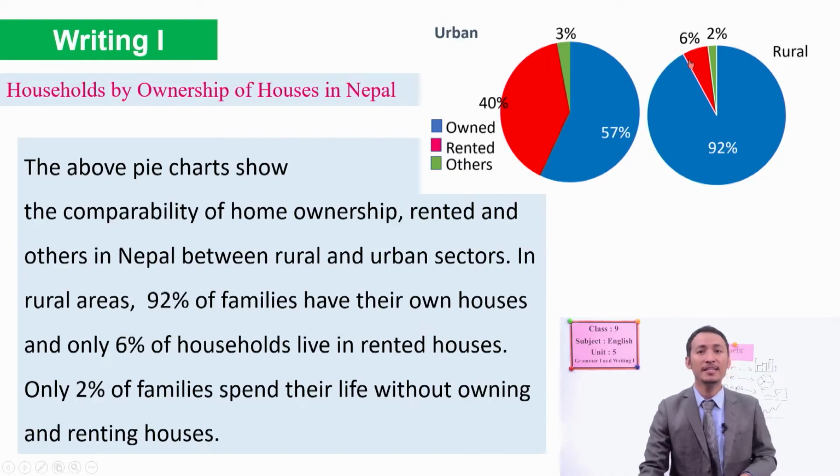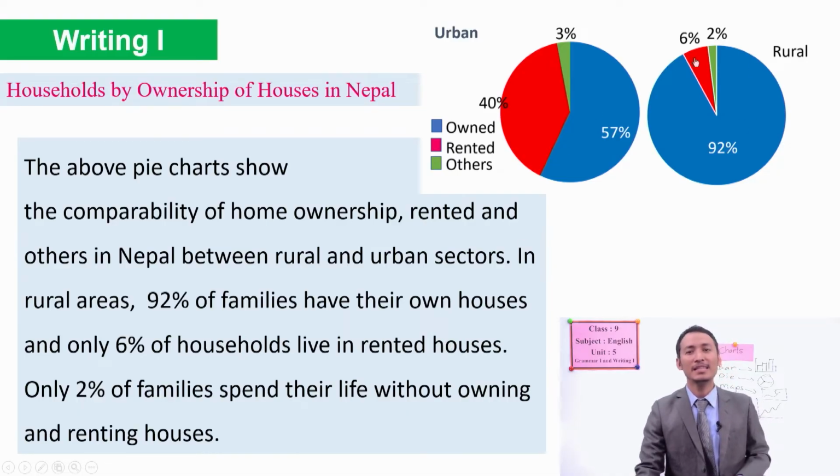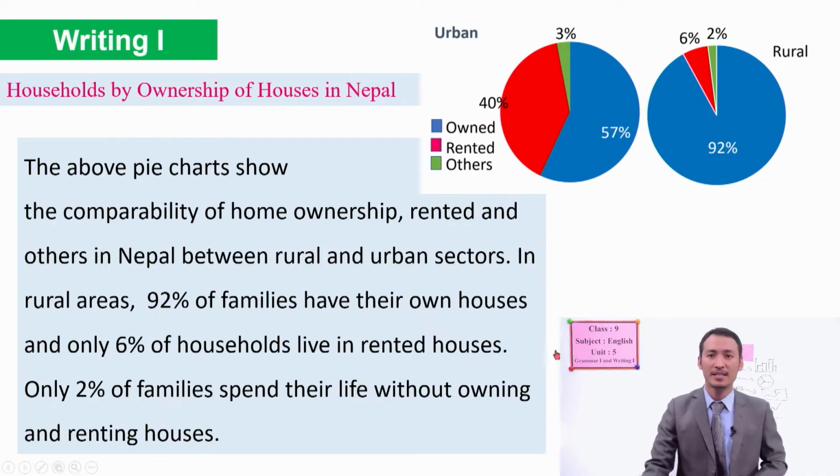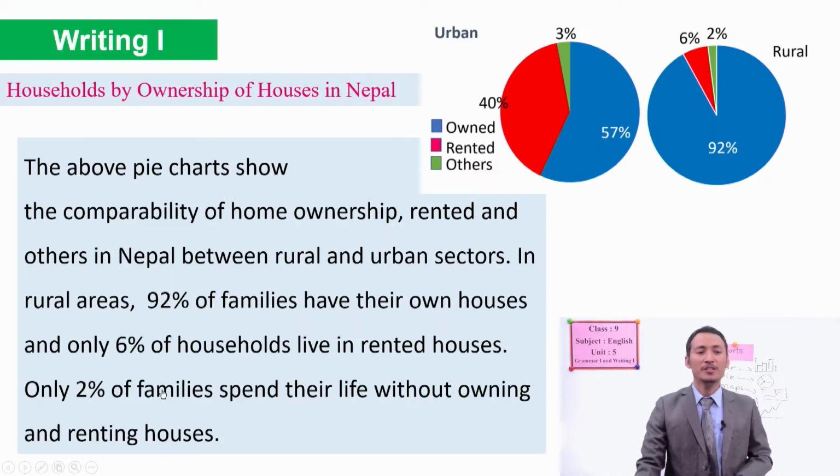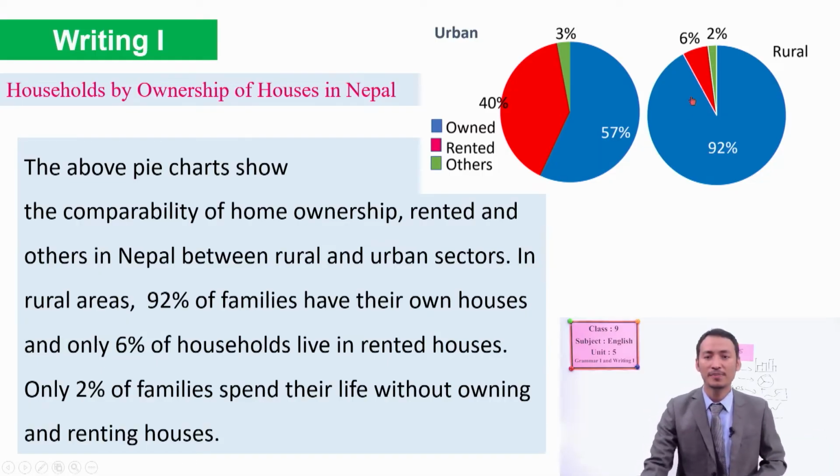Look at the red section here, only 6% of households live in rented houses in rural areas. And only 2% of families spend their life without owning or renting houses. They don't have a house, and they don't live in a rented house either. That's 2% here.